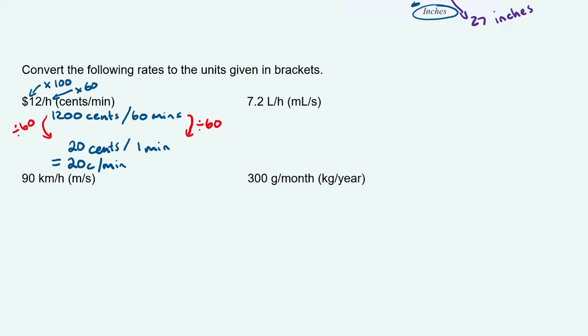Let's look at the next one along the page now. We've got 7.2 litres per hour, and we want to change that to millilitres per second. So we're going to have to do a couple of little things to change to millilitres.